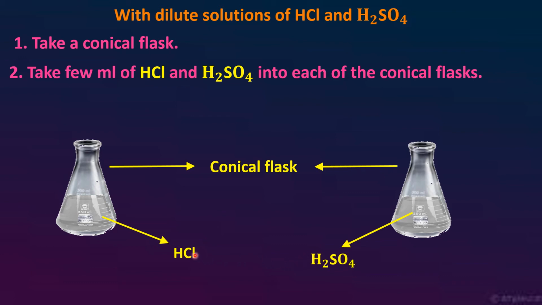So we have taken HCl in one of the conical flasks and H2SO4 in the other conical flask. And we'll test these solutions with the indicators. So here I am taking methyl orange and phenolphthalein indicators, and we'll test what happens with these.